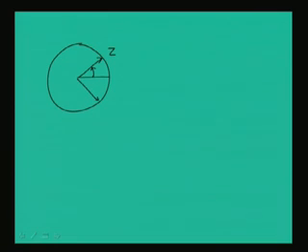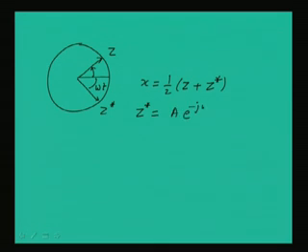Now if we have two vectors, one z which is rotating in the counterclockwise direction, and another z star which is rotating in the clockwise direction, the projection of these on the horizontal axis will give us x. z star is nothing but the complex conjugate of z, which in this case has a minus j omega t.